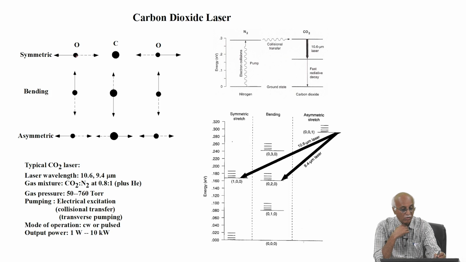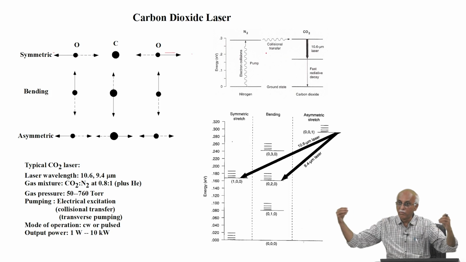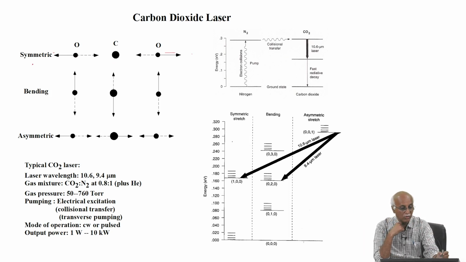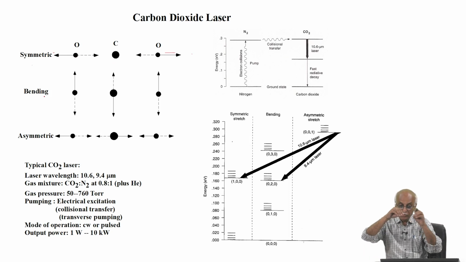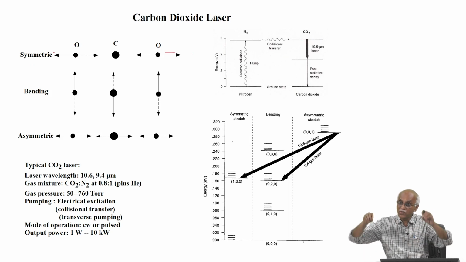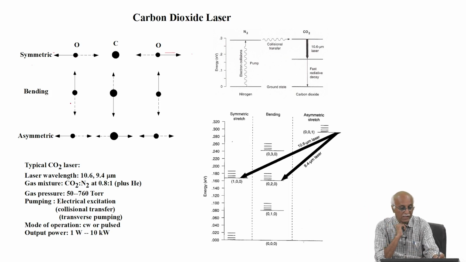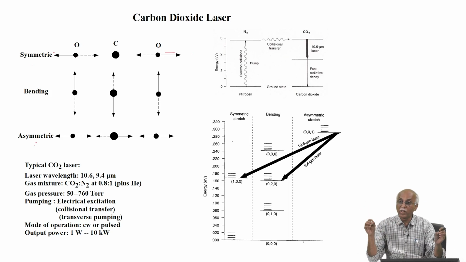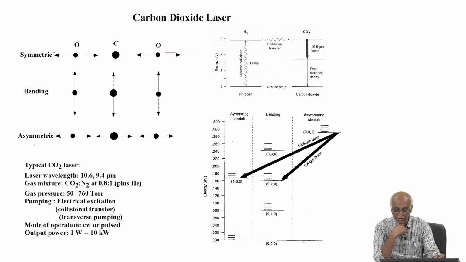So, oxygen can symmetrically oscillate, I mean can go away, come near, go away from C. So, it is symmetric oscillation. There is a possibility of bending of this bond structure, so bending, and then there is a possibility of asymmetric oscillations of oxygen, etc.